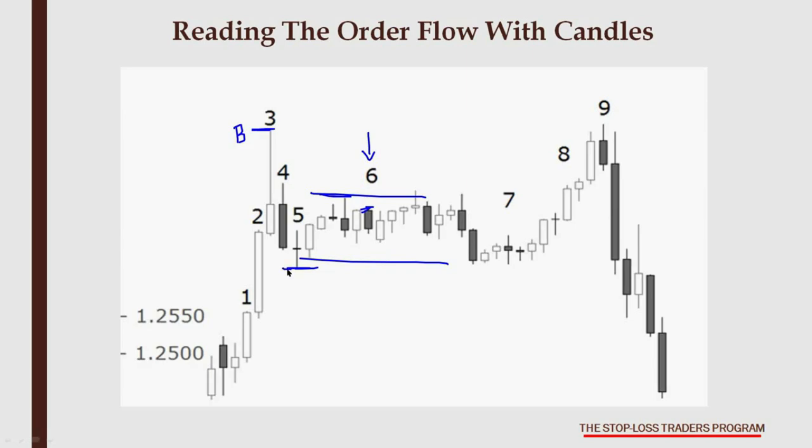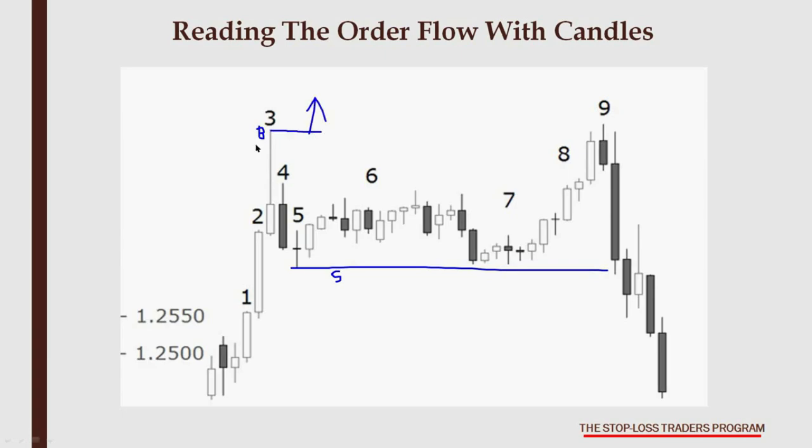See, we are not considering the open minus close. We are looking at the close with respect to the high minus low, the range of the candle. So close is roughly between 60% to 80%.